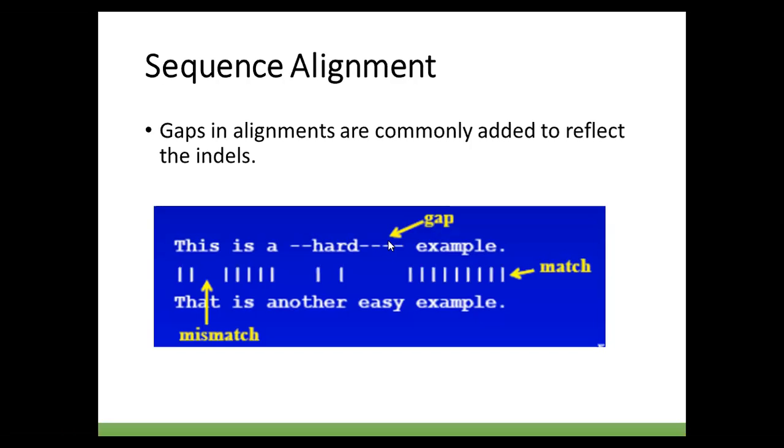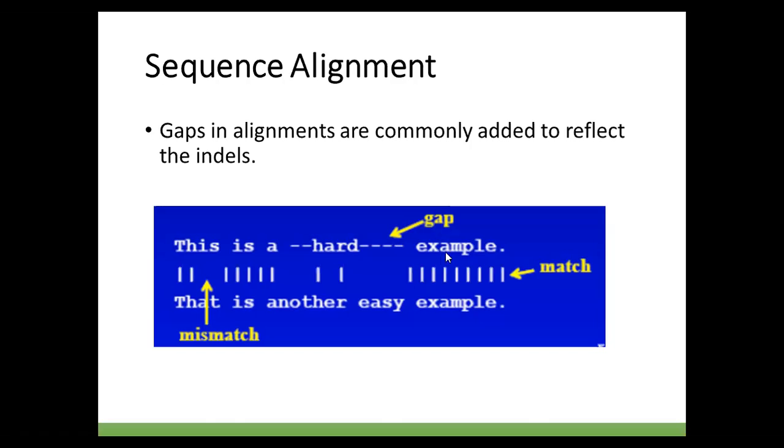Some deletion occurred here, and some insertion occurred here. So we put in gaps and try to find the maximum match. As an exercise, you can remove these gaps and try to match these two together.